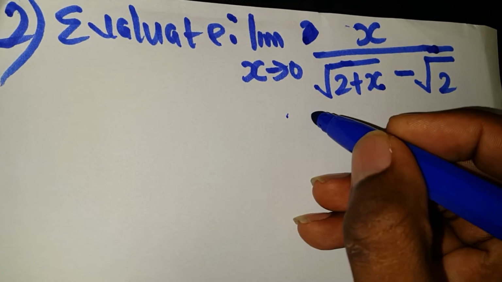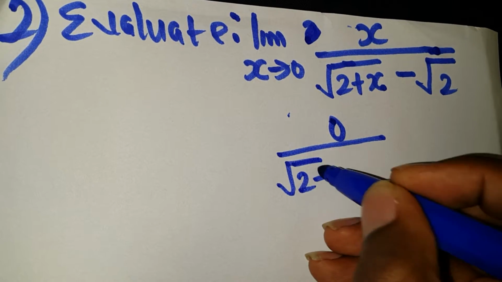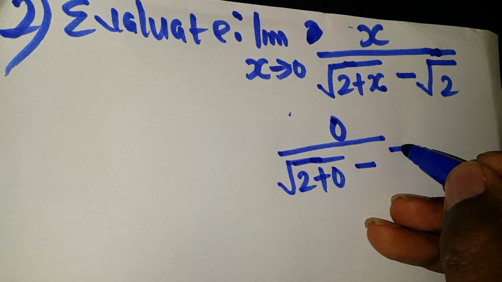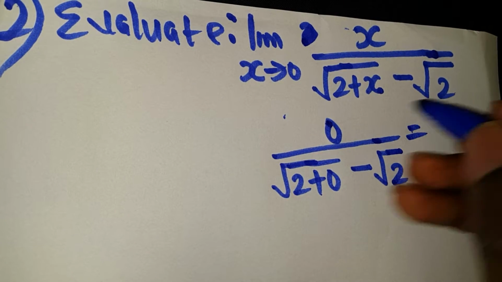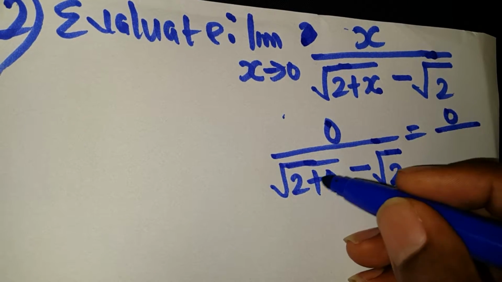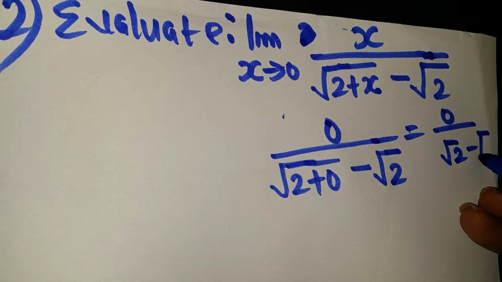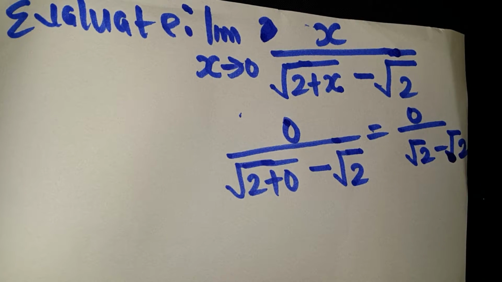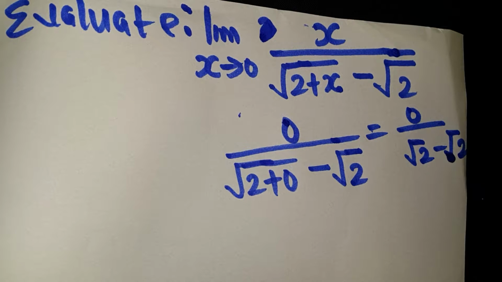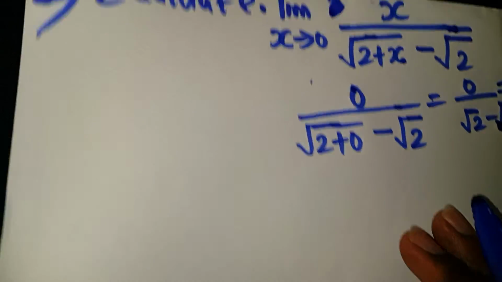We have 0 divided by root of 2 plus 0 minus root 2, which is 0 divided by root 2 minus root 2. So we have positive root 2, negative root 2, so that will cancel. Our answer will be 0 divided by 0.